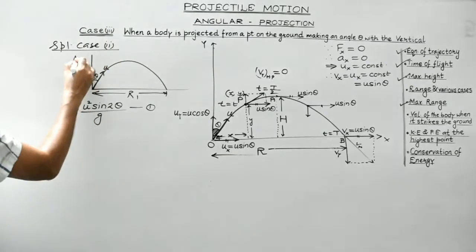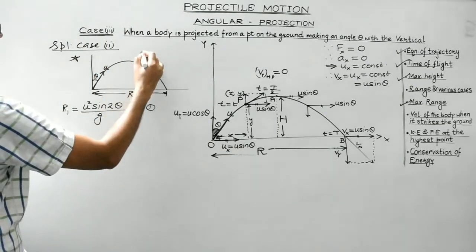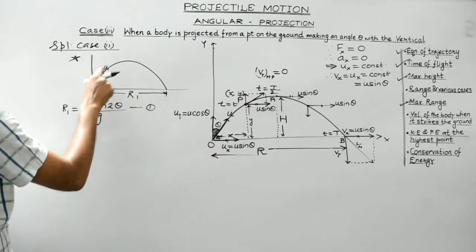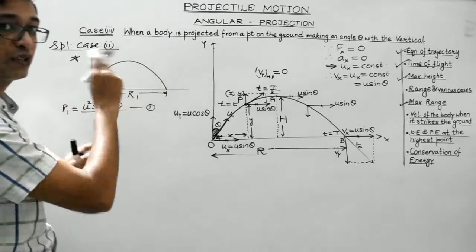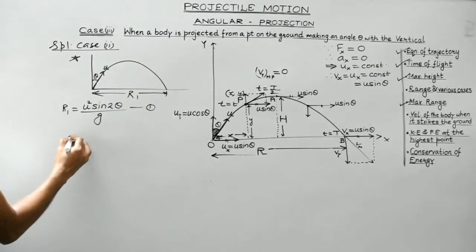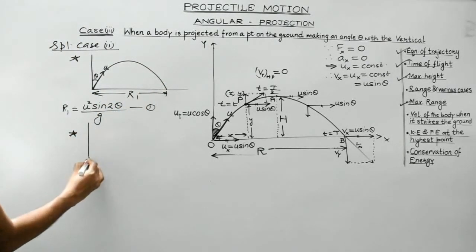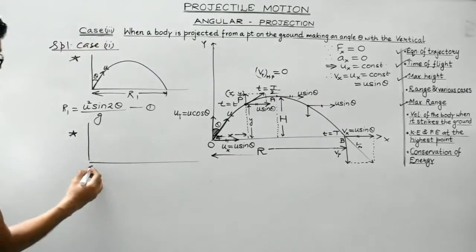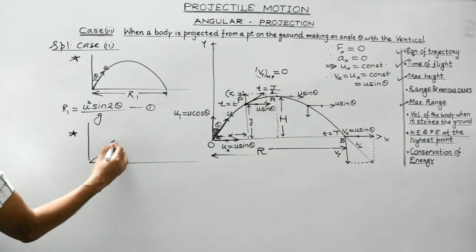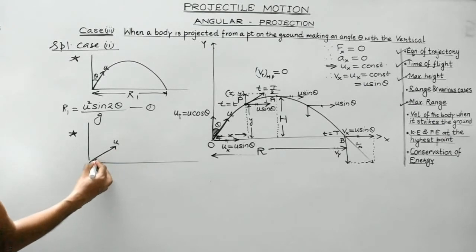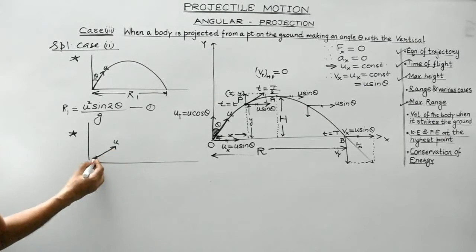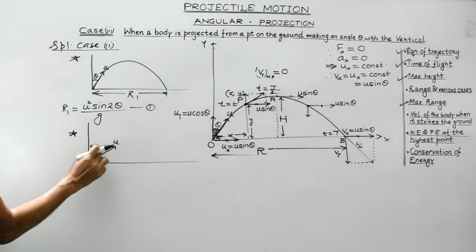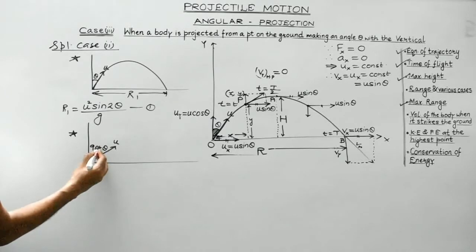In the second case, students, here angle of projection is theta. Theta is the angle which the velocity vector makes with the vertical. And in the second scenario, let's consider the same velocity of projection, but in this case it is making an angle of 90 minus theta.